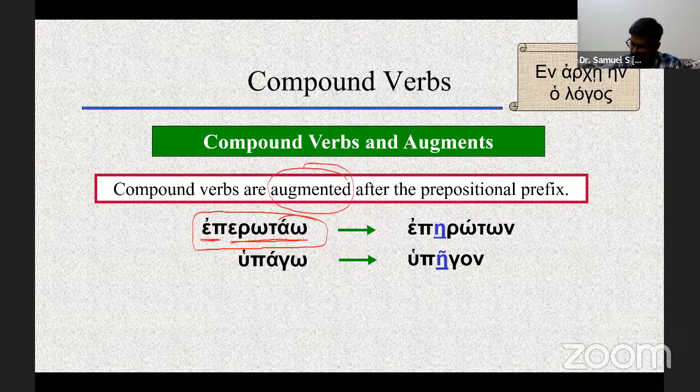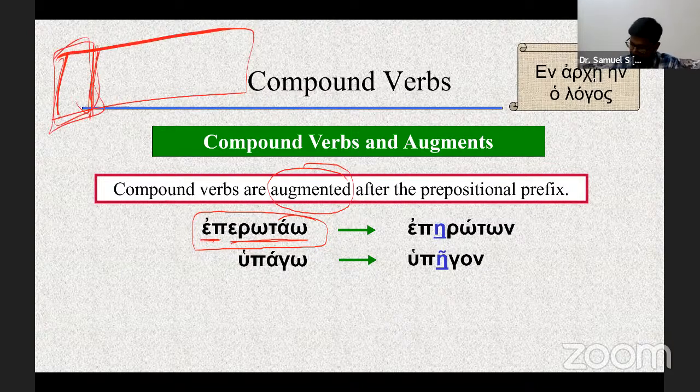Usually the augment happens at the beginning of the word, at the beginning of the verb, right? But in compound verbs, the augment goes after the prepositional prefix. So after epi, but it's an iota, right? It's a vowel, so it's getting dropped out. The augment is going after the prepositional prefix.